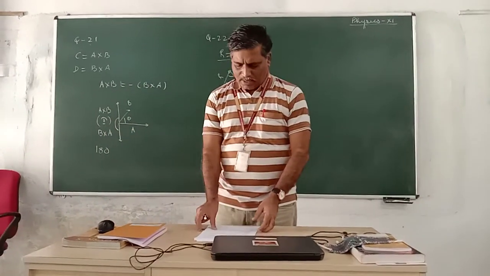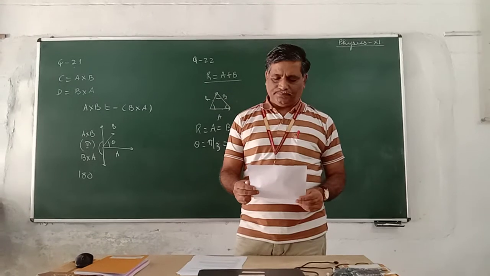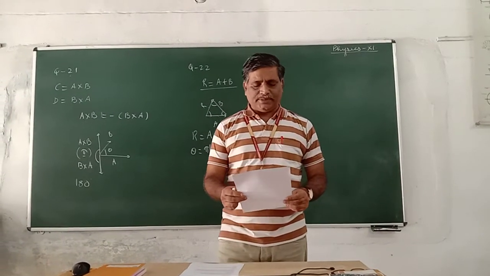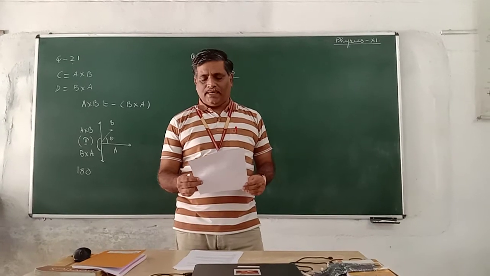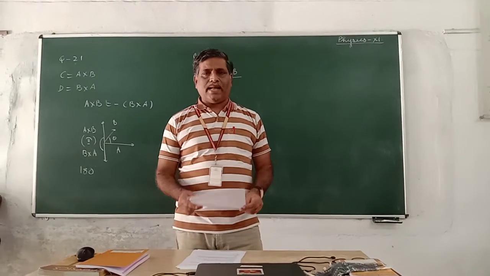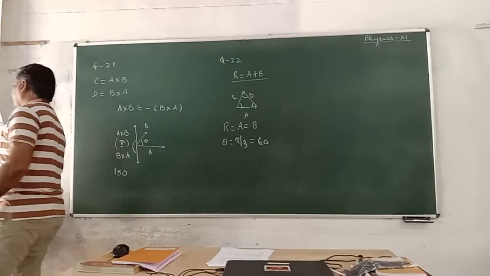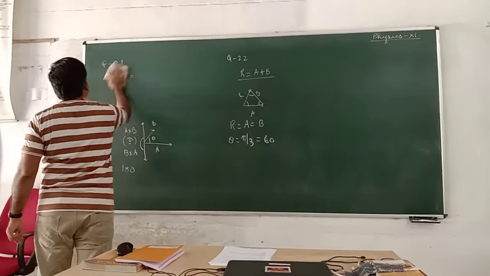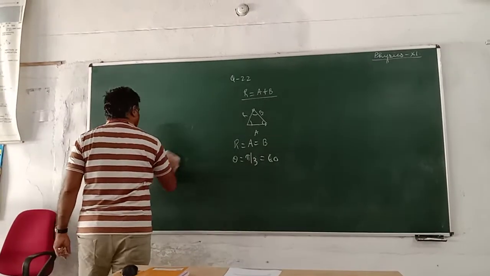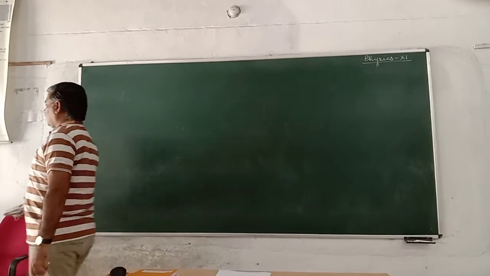Next one. A vector A has a magnitude of 5 units and B has a magnitude of 6 units, and cross product of A and B has a magnitude 15 units. The angle between A and B is. There is a vector A, magnitude 5. There is a vector B, magnitude 6. A cross B has a magnitude which is also given.